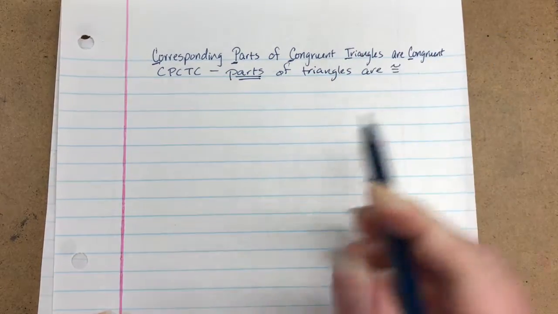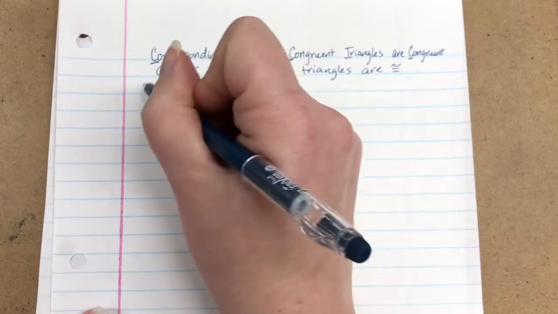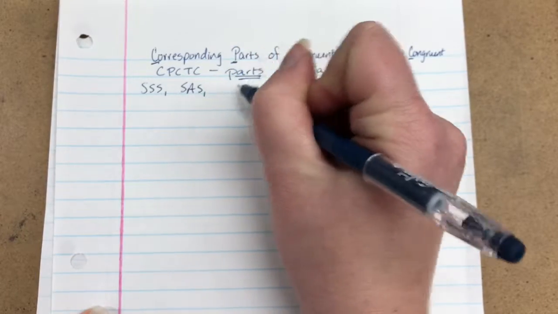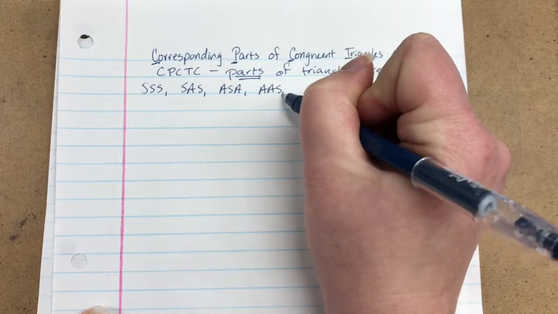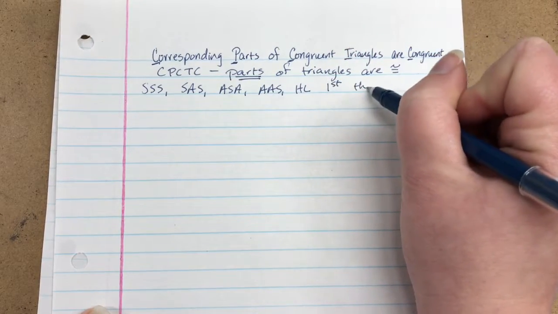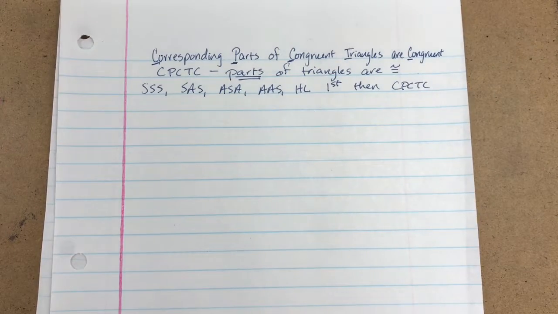So that means that we have to use one of our other triangle congruency statements, like side, side, side, side, angle, side, angle, side, angle, angle, angle, side, or hypotenuse, leg first, and then we can use CPCTC in a proof.